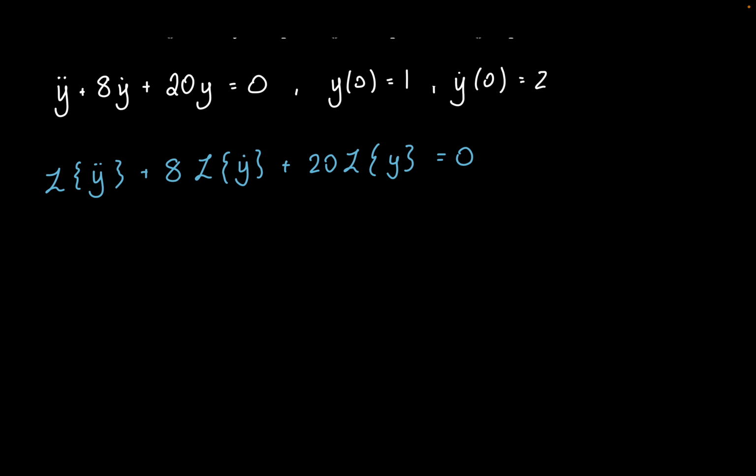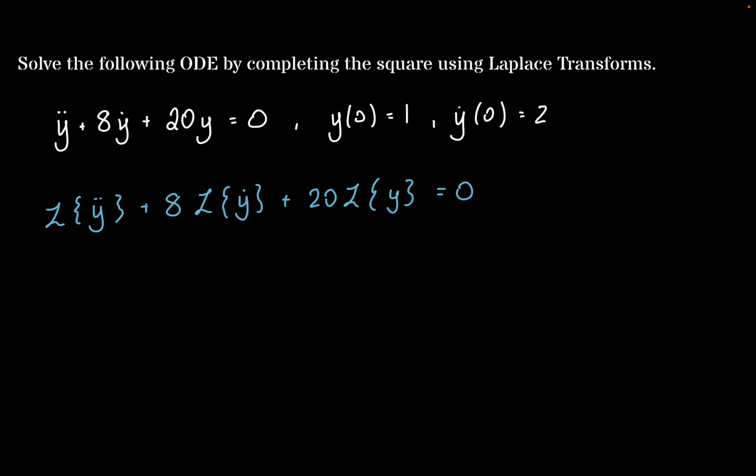Now, based off of the relations that we have for y double dot, y dot, and y with the Laplace transforms, we get s squared times capital Y of s minus s times the initial y position minus the initial y velocity. And notice this y naught and then y naught dot, they're both given up here, so we'll plug those in later.